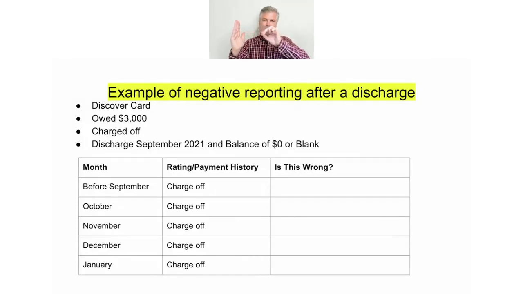Anything going forward in time after that, it cannot be reporting negatively. Now, going back in the past, it can, because that's true. But going forward, it cannot be saying every month, well, I'm 30 days late or 90 days late or 150 days late or even charge off, because I don't owe anything anymore at that point.